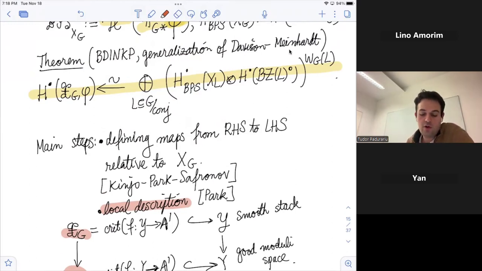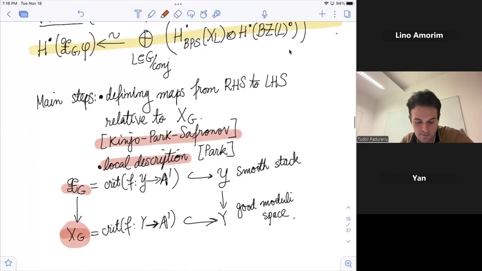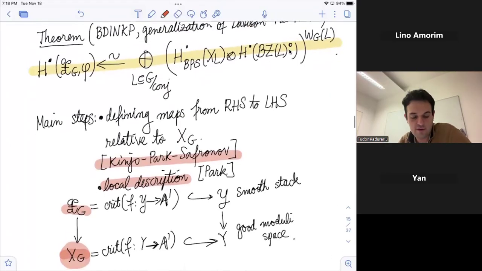But in the local case of quivers with potential, the map used to go from right-hand side to left-hand side appears in the paper of Kontsevich and Soibelman. But it is a hard problem to define it for general -1 shifted symplectic stacks. This was done by Kinjo, Park and Safronov, so we're using their results. Okay, so these are the ingredients appearing in this proof.